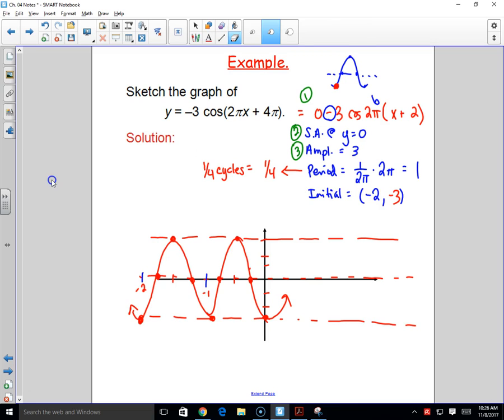We had to think about our quarter cycles to know how to put the tick marks on our graph. Then we marked our initial point. Then we dealt with how long to make it. So the weird thing is you kind of think about period for the quarter cycles, mark your initial point, then come back to figure out how long or how far to make the rest of your graph. Not that that's like a step order that you have to memorize, it's just that's the order we did it in.